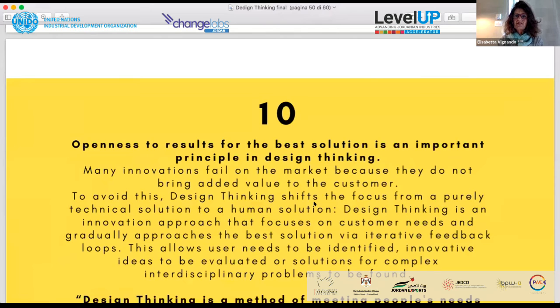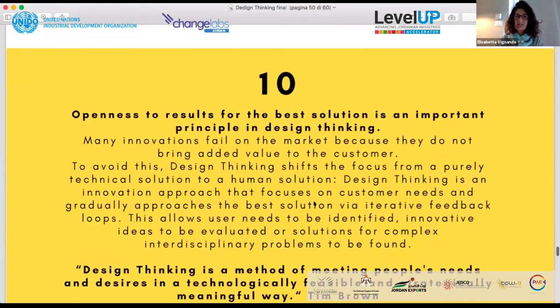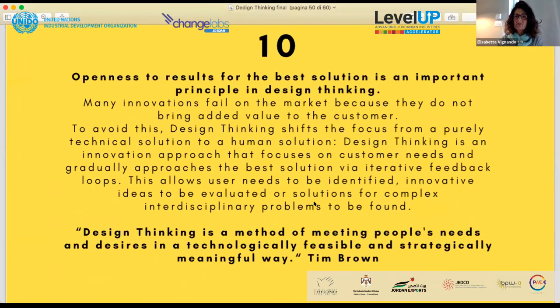Design thinking is an innovation approach that focuses on customer needs and gradually approaches the best solution via interactive feedback loops. This allows user needs to be identified, innovative ideas to be evaluated, and solutions for complex interdisciplinary problems to be found. Design thinking is a method of meeting people's needs and desires in a technologically feasible and strategically mindful way. This is the Tim Brown sentence.